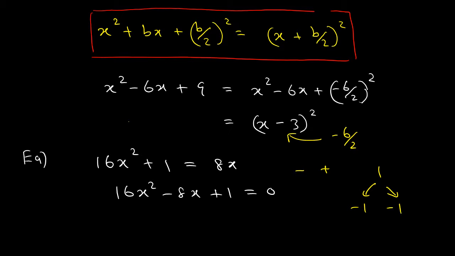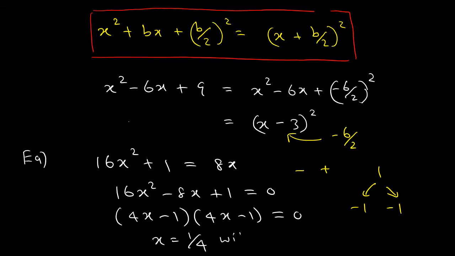That's the only factoring. Because you have to get a 16 here, it has to be 4x minus 1, 4x minus 1 equals 0. And then if you set one of them equal to 0, you get x equal 1/4 with multiplicity 2.